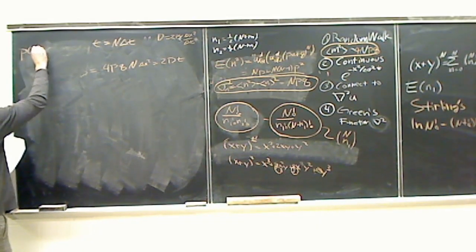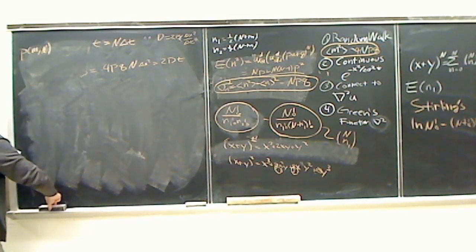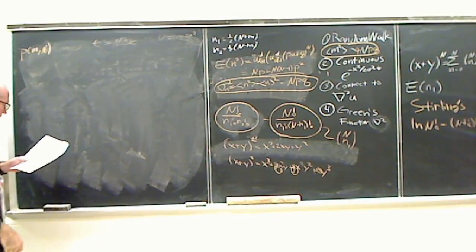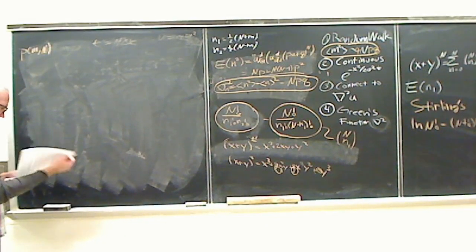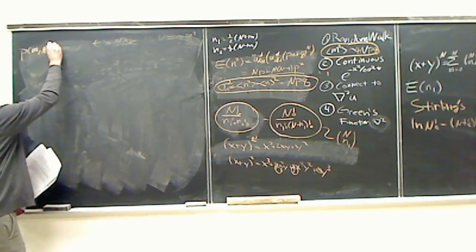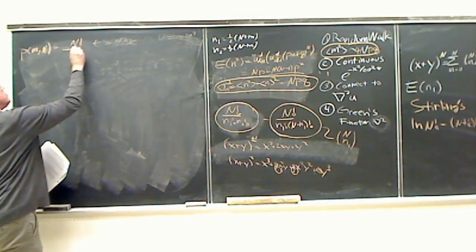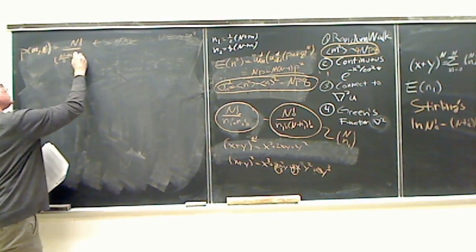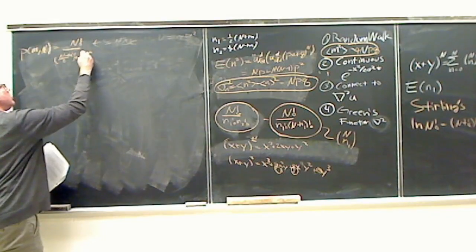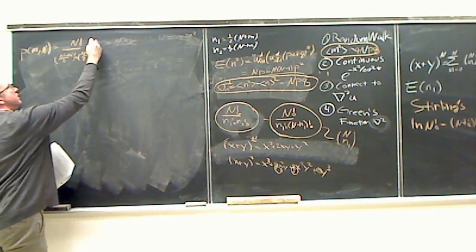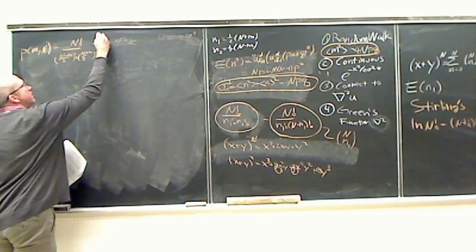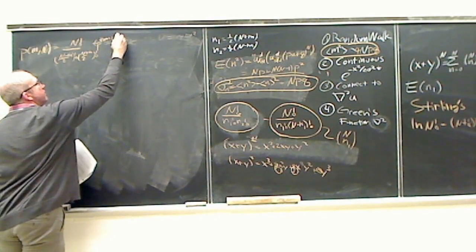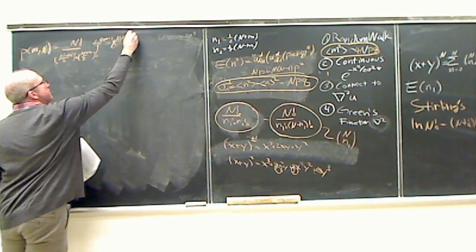P of m and n, let's write it this way, is equal to n factorial over (n minus m over 2) factorial times (n plus m over 2) factorial, times p to the 1/2 (n plus m) times q to the 1/2 (n minus m).